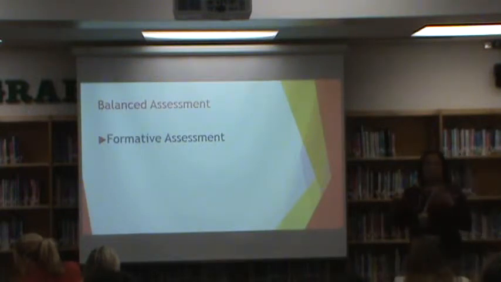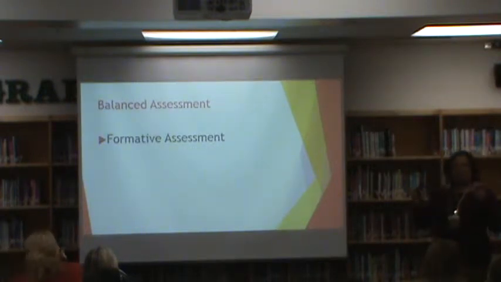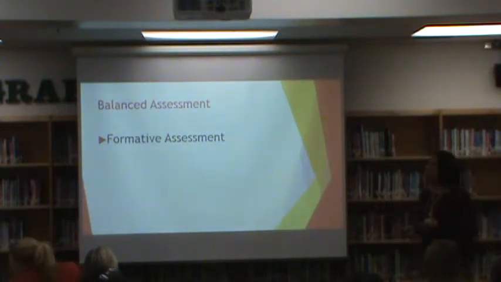It's a belief system, in addition to being a functioning system, so we have to think about it as a philosophy. We want to be engaged in a constant cycle of formative assessment, because the information we glean from those assessments, tickets, and quizzes moves our instruction forward.